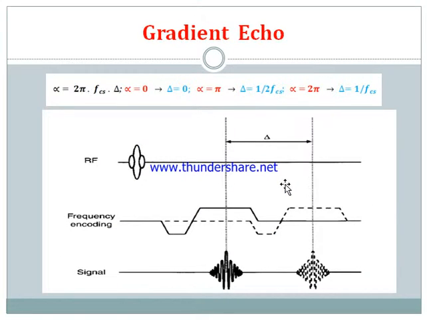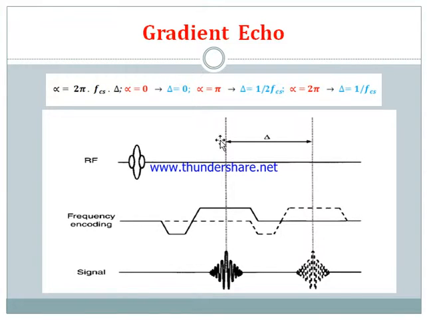So how can we get these images? We can use the normal gradient echo and also spin echo to get images with 0 phase difference, 180 phase difference, or any phase difference. We can utilize this equation, the alpha equation, to find the phase difference.